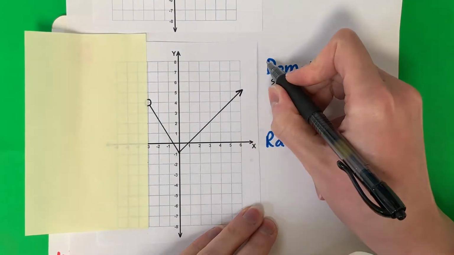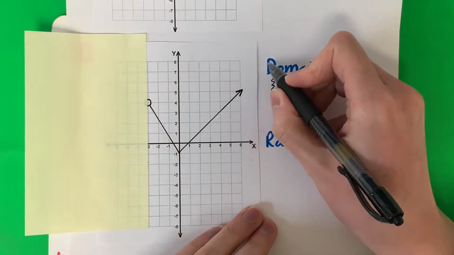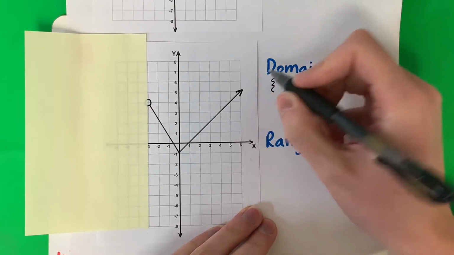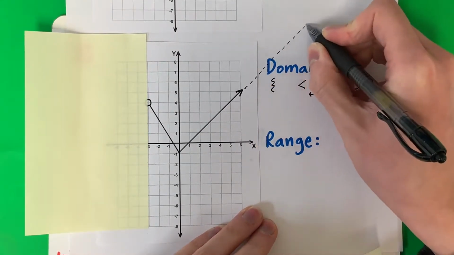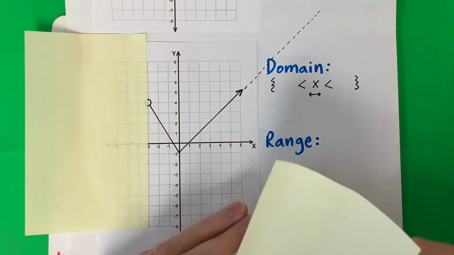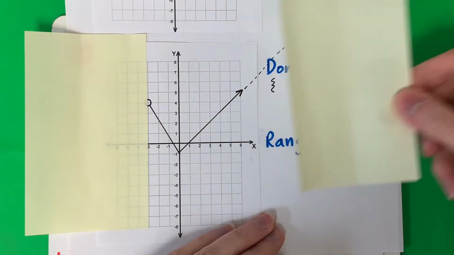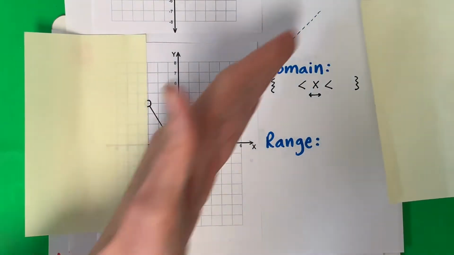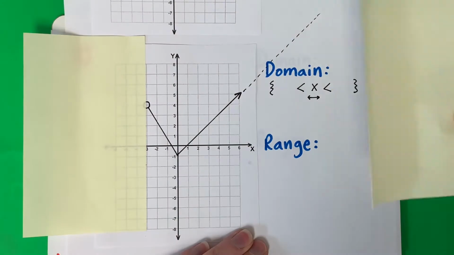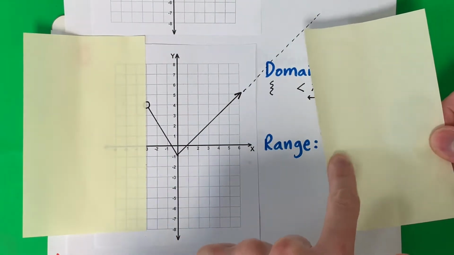this is an arrow. What does an arrow signify? What does it mean? An arrow means that the line does not stop. It keeps going forever. Can I put a sticky? No, I cannot put it here because it keeps going forever. So there is no stop. So if there's no stop, then there's no sticky.